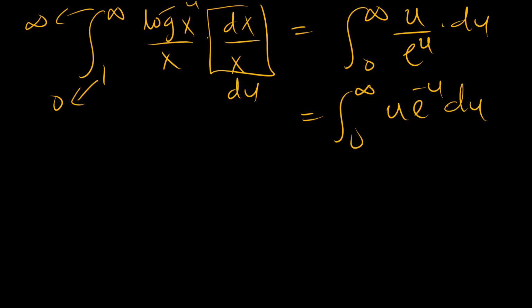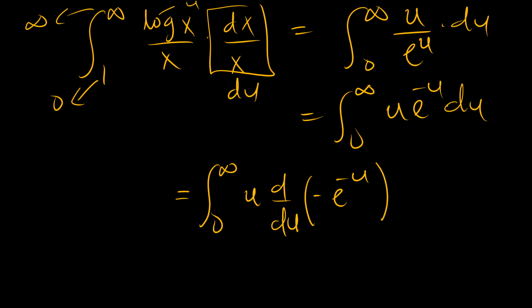du. And how we may be able to further express this is u times the derivative with respect to u of negative e to the negative u, du. That is the same as e to the negative u, right? And using integration by parts, you have two functions, u and the derivative of a function v, multiplied together.